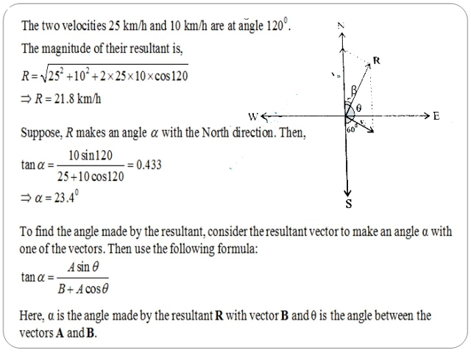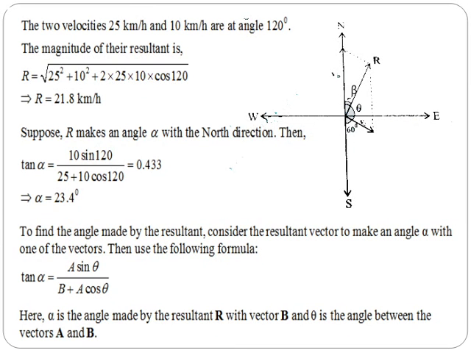Suppose the resultant vector r makes an angle alpha with the north direction, then tan alpha is equal to b sin theta divided by a plus b cos theta.